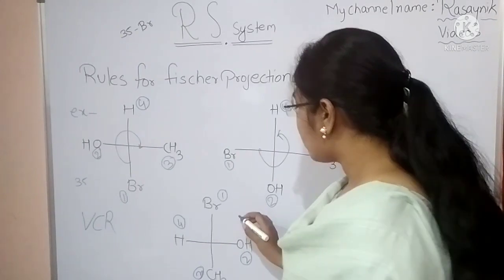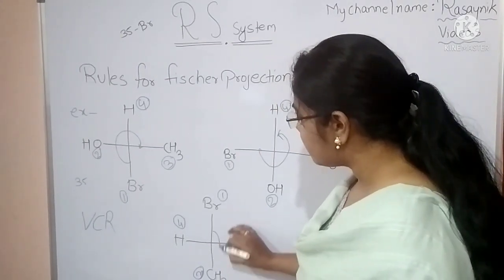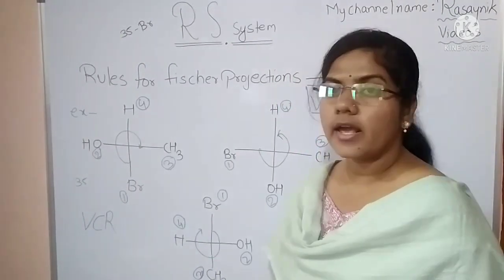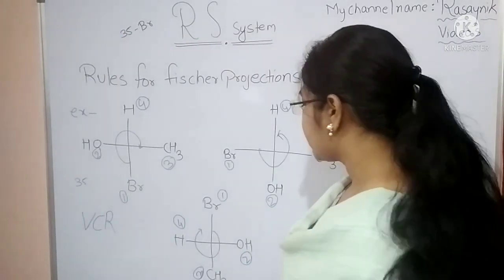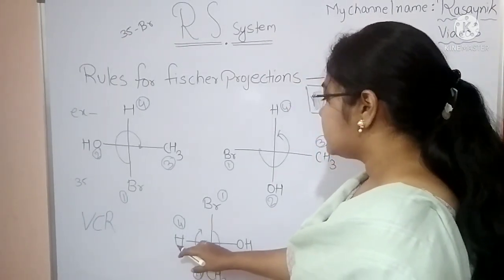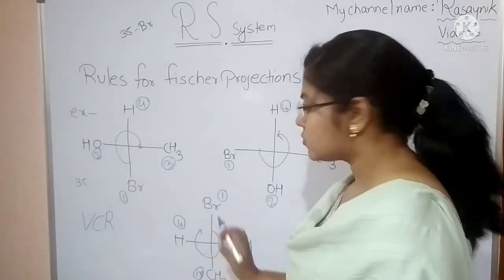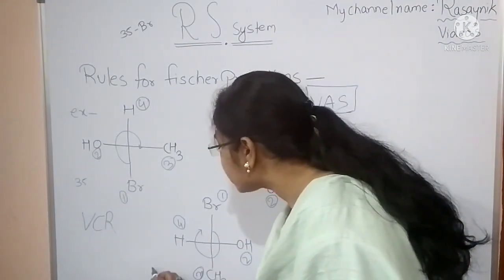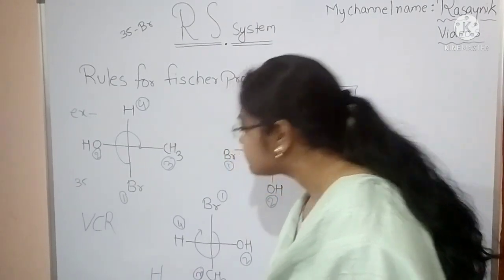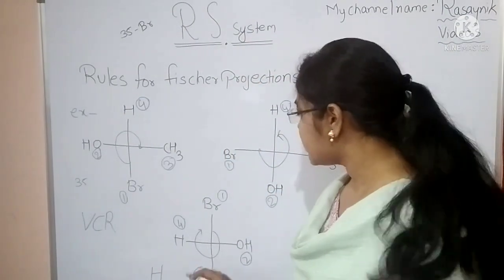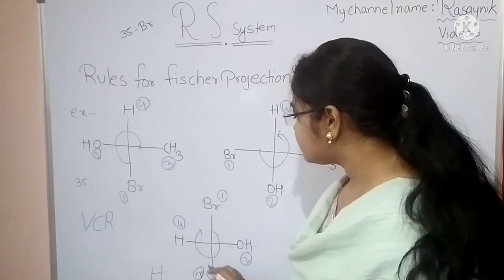Now how will it rotate? 1, 2, 3, 4 in clockwise direction, but here the fourth priority group is in the horizontal line, so the first letter will be H, for horizontal.